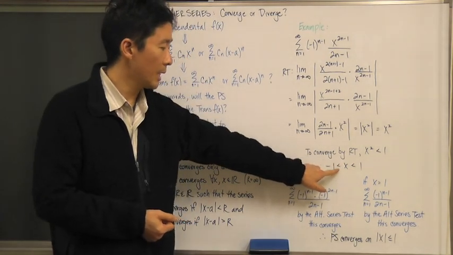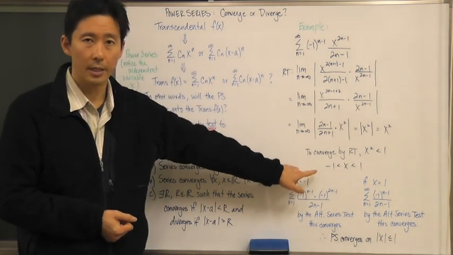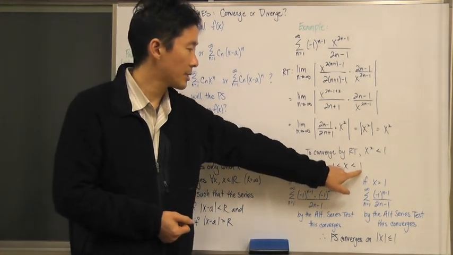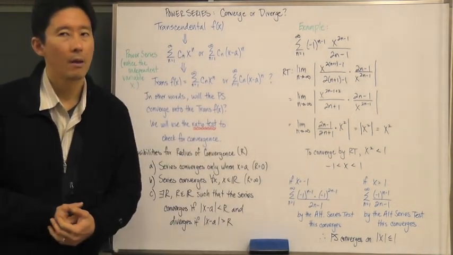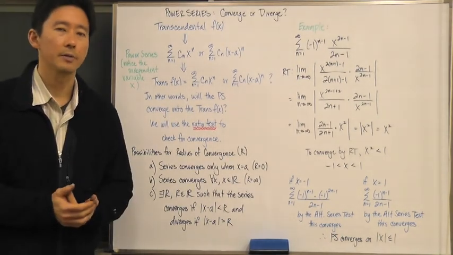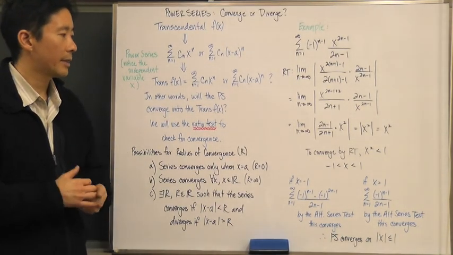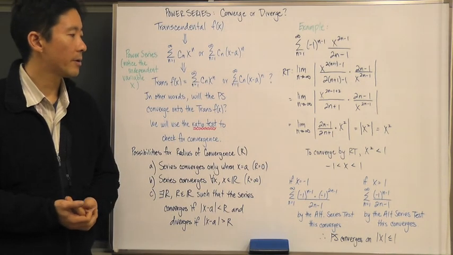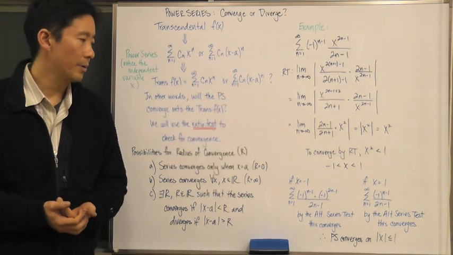Could x actually be equal to -1? Could x actually be equal to 1? Now, what we need to do is take a look at those two values and determine whether or not it converges at those endpoints.